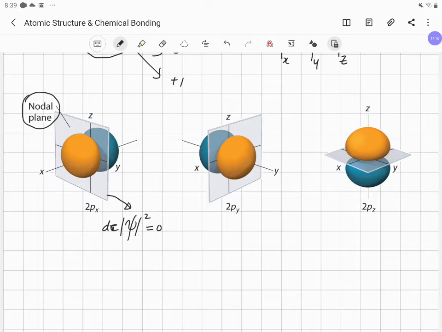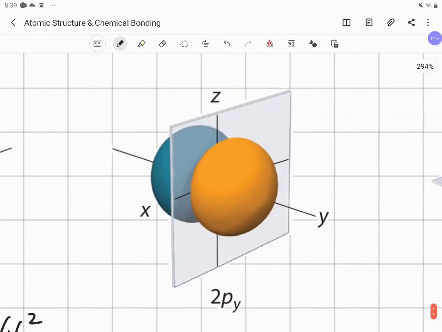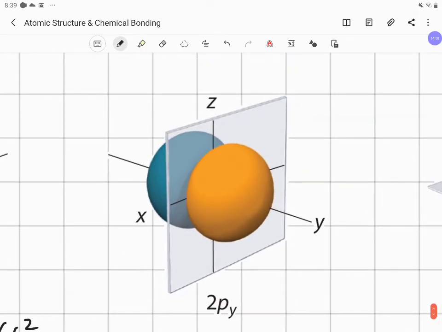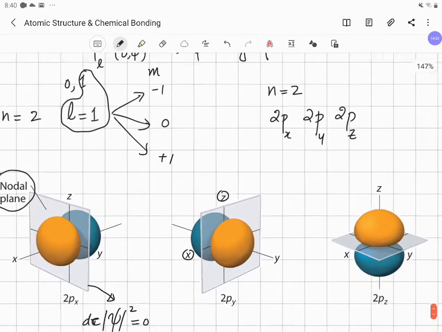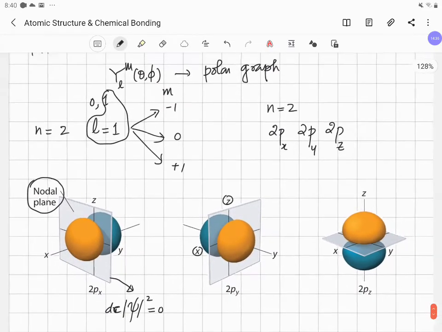For py also, you can see that in between the lobes there is a plane along the xz axis, right? In that plane, the probability of finding the electron is 0, and hence we can say that there is one nodal plane.